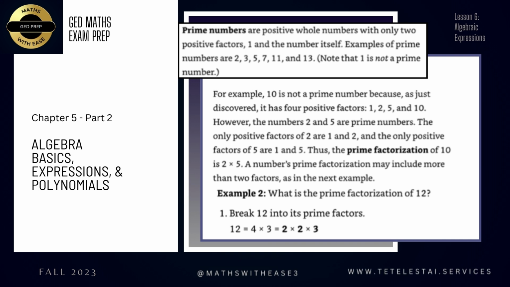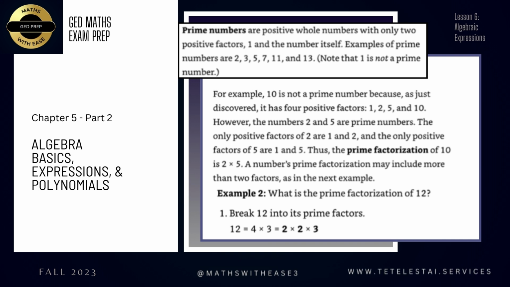For example, 10 is not a prime number because, just as you discovered, it has 4 positive factors. It has 8 total factors, as we saw earlier, but remember our definition of prime numbers: positive whole numbers with only 2 positive factors, right? And so since 10 has 4 positive factors, it's not a prime number.